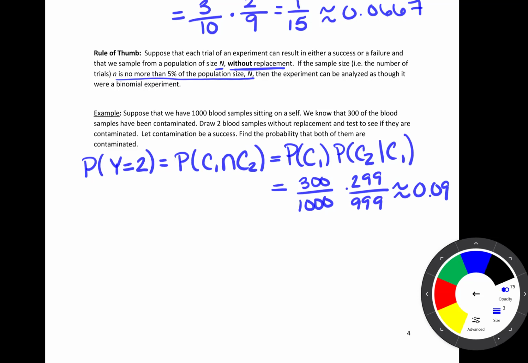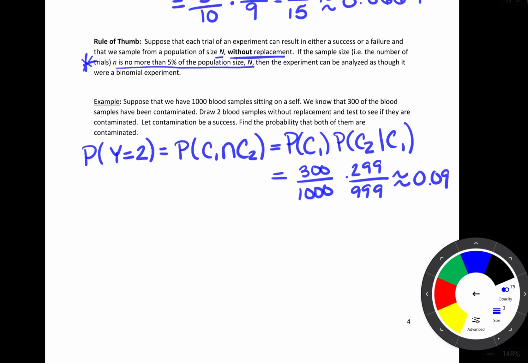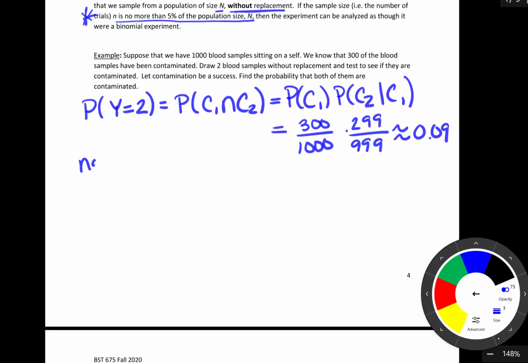Now, notice here that n is equal to 2, and obviously 2 is no more than 5% of 1,000. So we've satisfied this rule of thumb. Let's see what happens if we were to use a binomial instead. Notice that for the first vial, we had a 300 out of 1,000 chance of being contaminated, which is approximately 0.3.